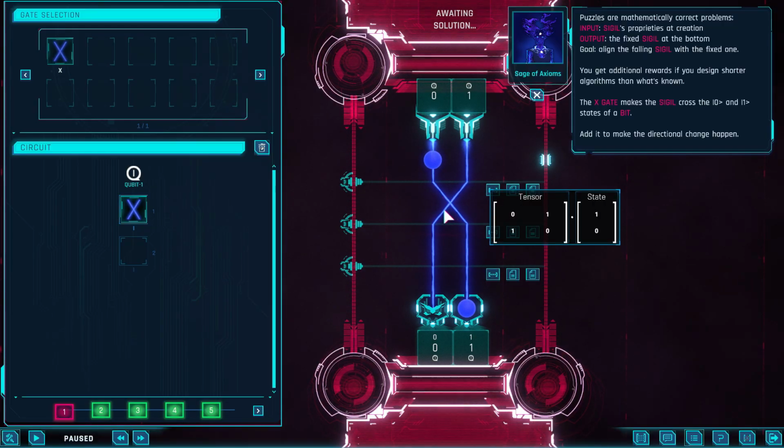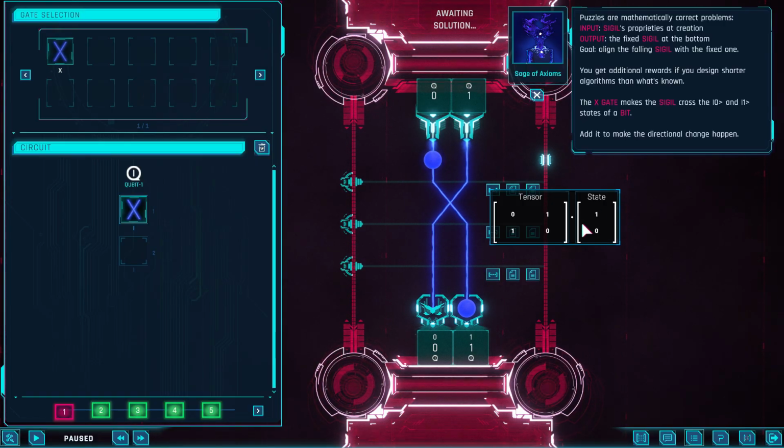Instead of 1, 0, 0, 1, we've got 0, 1, 1, 0. So the zeros become ones and the ones become zeros, but the state is the same. The incoming state is 1, which represents the 0 state. And so this is in the 0 state. This says that we're in the 0 state at this moment.